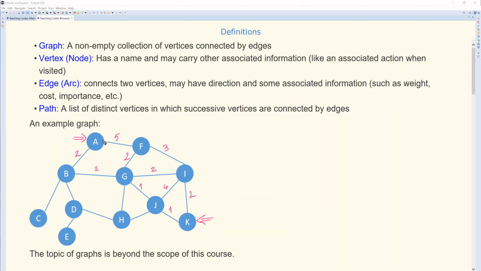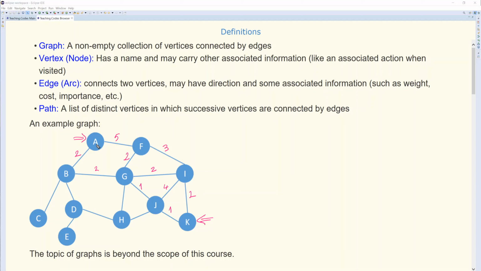There are alternatives, like it could go as 5 here, 3 more, so it's 8, 10. An alternative could be 5 to 7, 9, 11, so that's worse. 5, 2 makes 7, 8, 9. This is shorter than A, F, I, K.